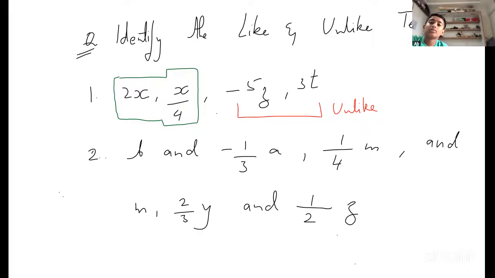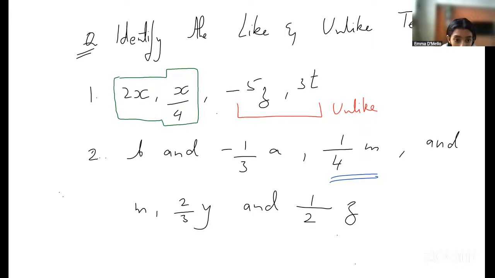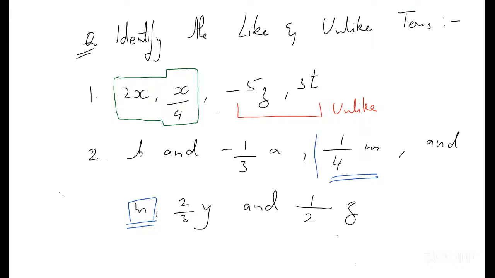Y is a different variable. Yes, Abraham. 1/4 m and m. Can I also say? Yes, Emma. Ma'am, 1/4 m and m because both of them are having m. Yes, 1/4 m and m are like terms because both of them are having m.